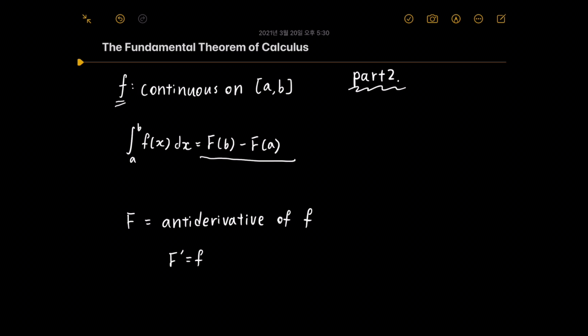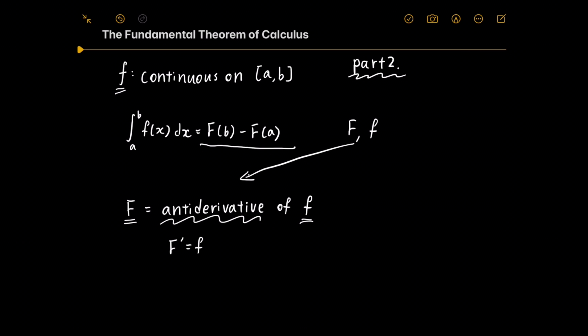Then what is the difference between capital F and just small f? Let's see here. The capital F is an antiderivative of small f. So naturally, the capital F prime should be the small f.